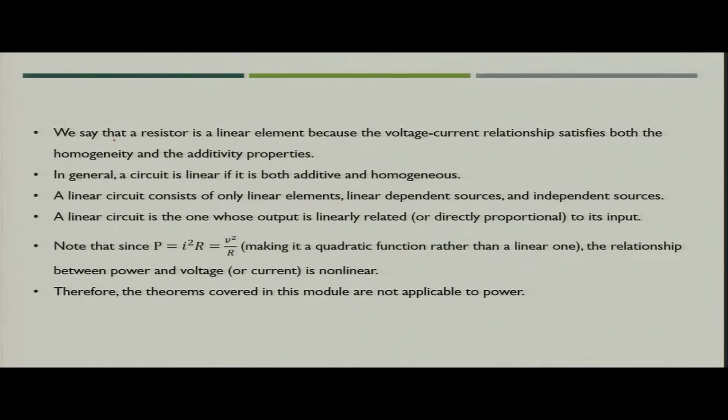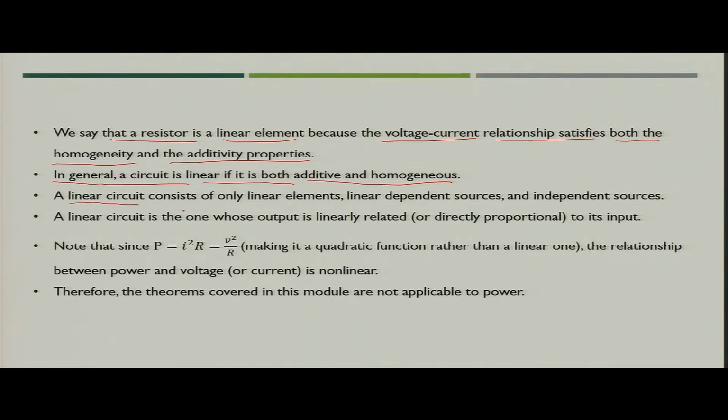Now, why do we say the resistor is a linear element? Because the voltage and current relationship of the resistor satisfies both the homogeneity and additivity properties. So, in general, a circuit is linear if it is both additive and homogeneous. Now, what is a linear circuit?